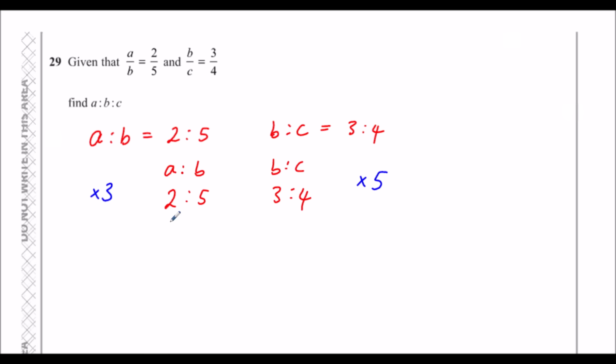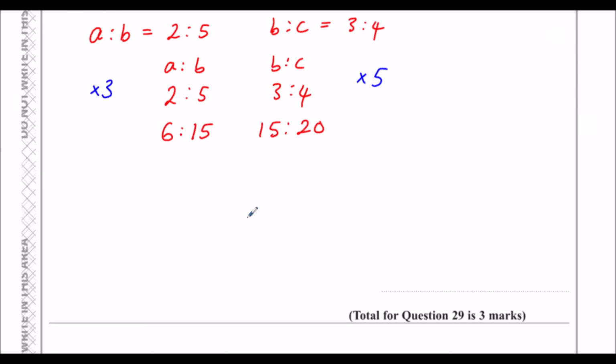So A to B is 2 3s are 6, 5 3s are 15, and B to C, 3 5s are 15, and 4 5s are 20. So now the B's are the same in both of them. We can make it one ratio. So A to B to C is 6 to 15 to 20.